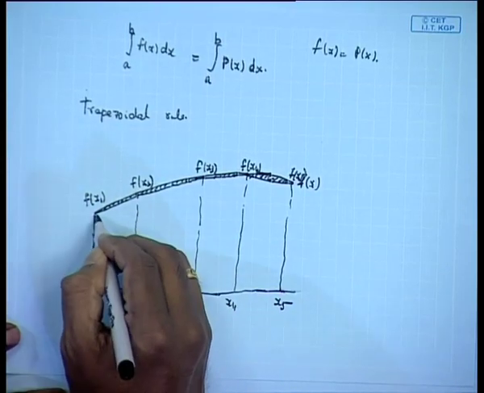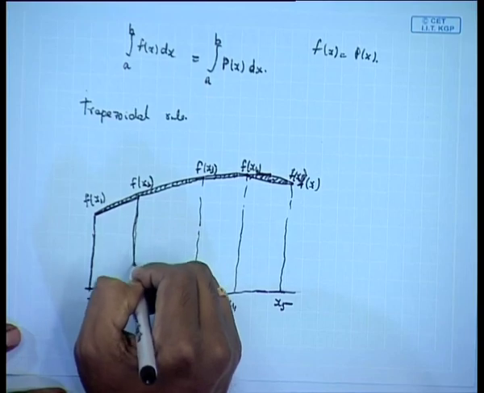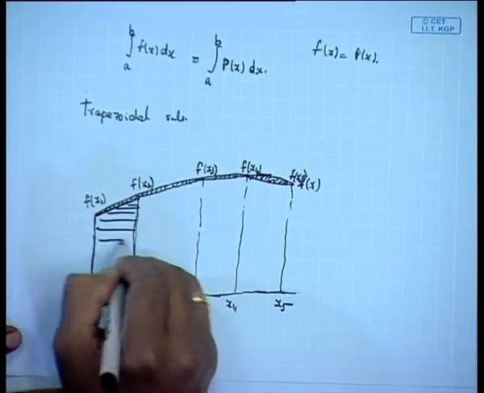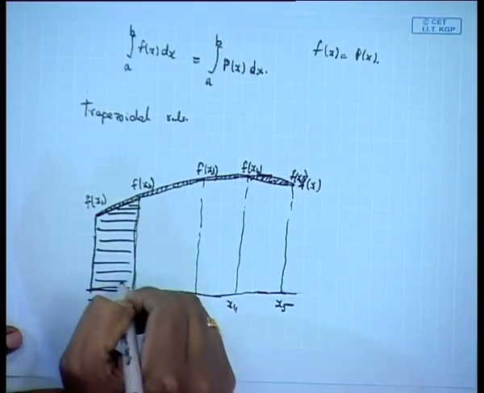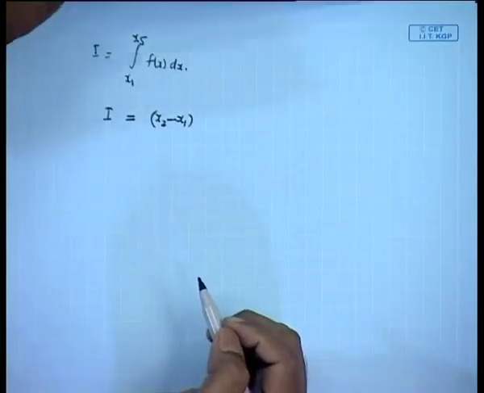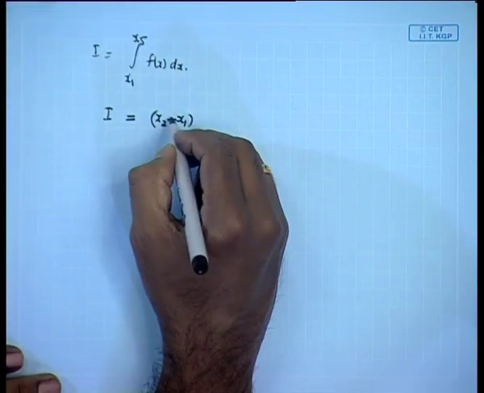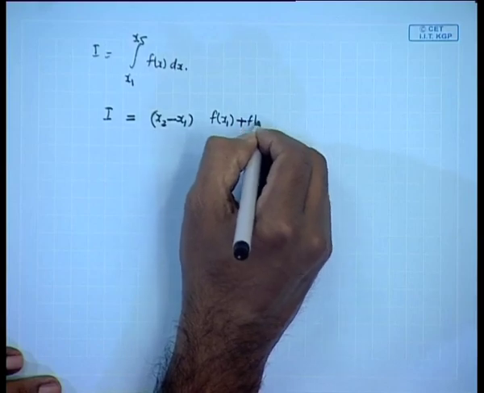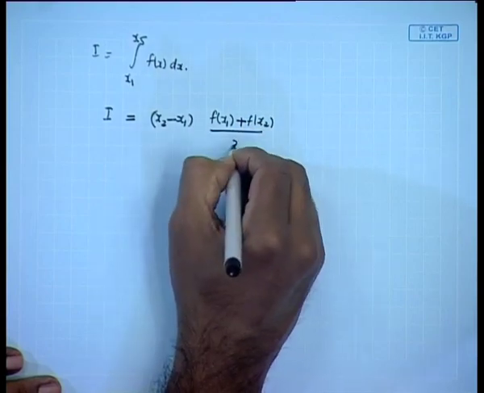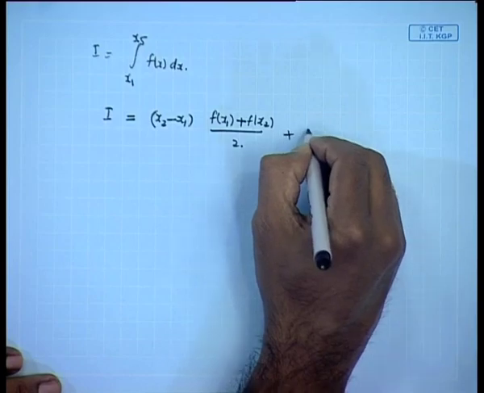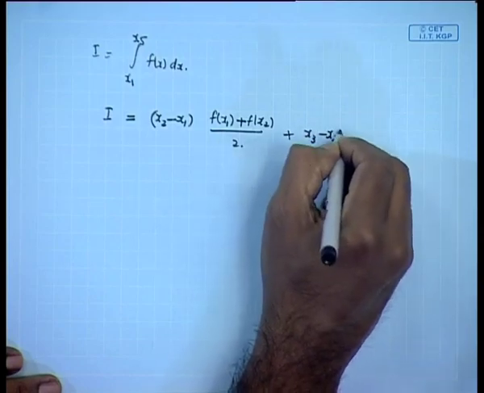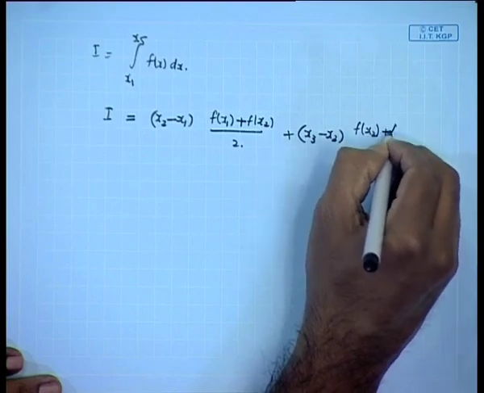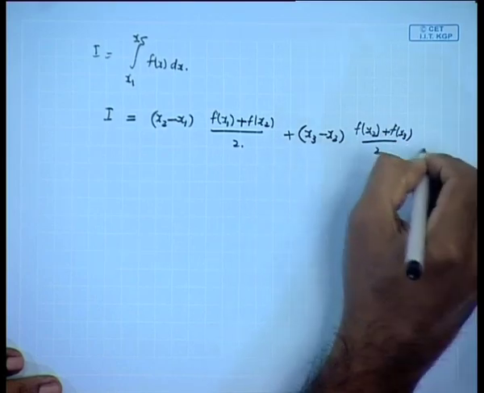This is one trapezium, and the area under this trapezium is given by x2 minus x1 into f of x1 plus f of x2 divided by 2, plus x3 minus x2 into f of x2 plus f of x3 divided by 2, plus so on.